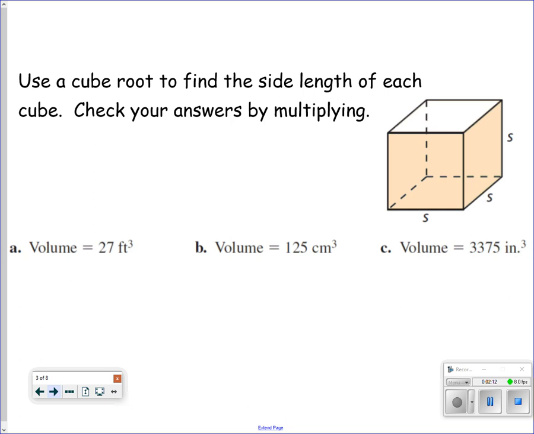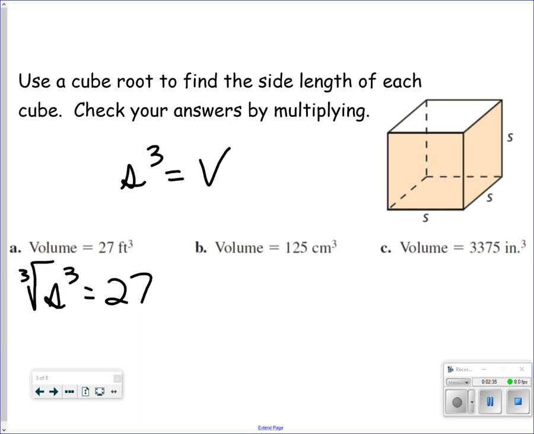Now I've got a little problem solving here. This is a box, and the volume of a box is s cubed, side times side times side. If they told me that this particular box had a volume of 27, now instead of dividing by 3, you're actually going to take the cube root of both sides.